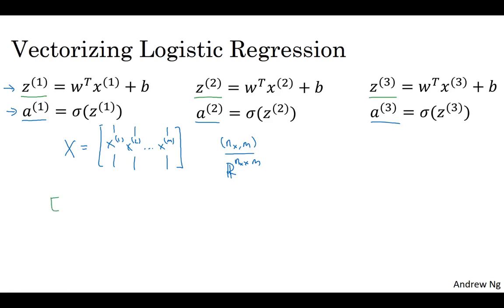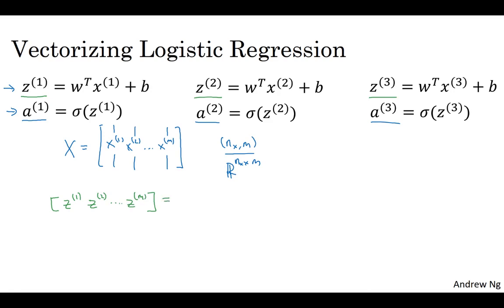So I'm going to construct a 1 by m matrix. This is really a row vector, where I'm going to compute z1, z2, and so on, down to zm, all at the same time.